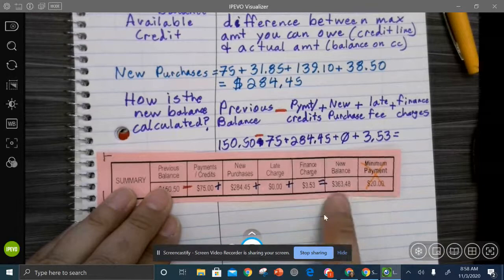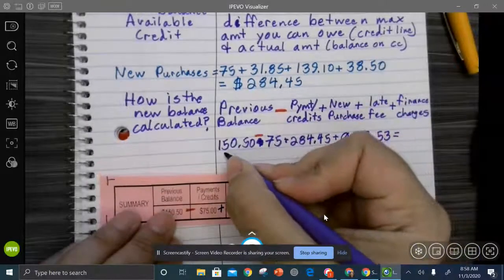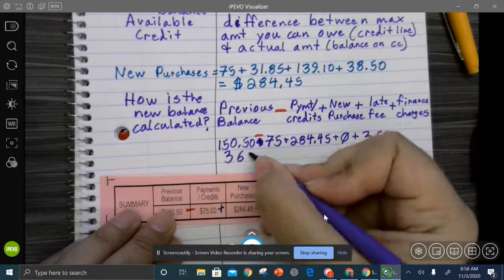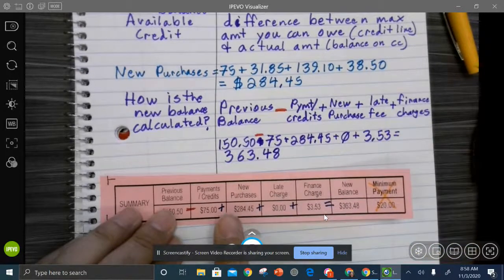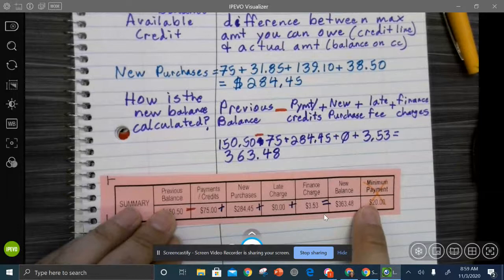So that's going to give us the new balance of $363.48.